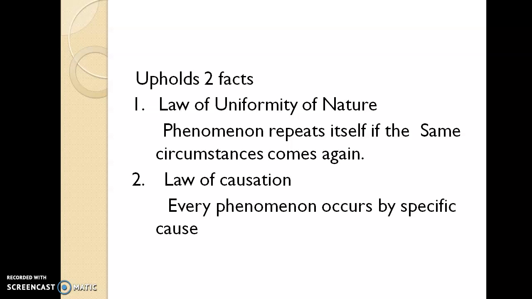For example, if we pick a plant and plant it in another place with the same conditions, it will grow, right? This is the law of uniformity of nature. If the same conditions are available, the plant will be able to survive and grow.